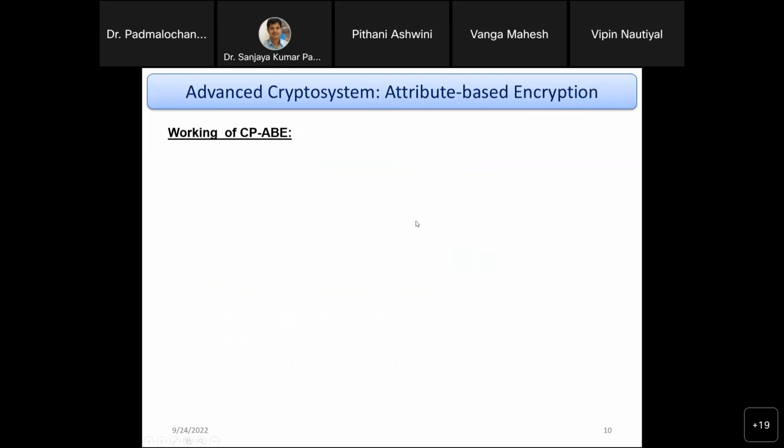Therefore, public key crypto systems are associated with the concept of attributes. Attribute-based encryption is again a public key crypto system, where you have two types of keys, public key and private key, but attributes are associated with generating the key.